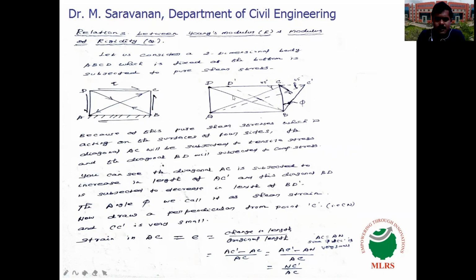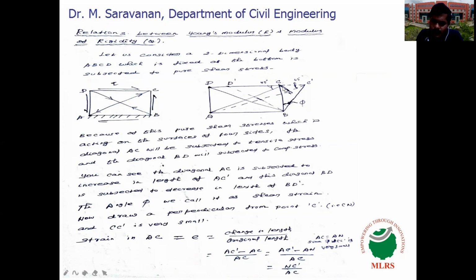You can see the diagonal AC increases in length to AC dash. Similarly, BD decreases in length to BD dash. The angle phi we can call the shear strain.